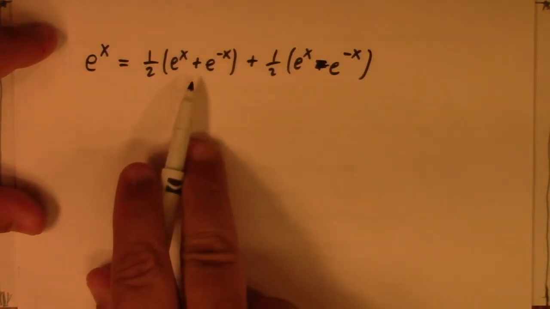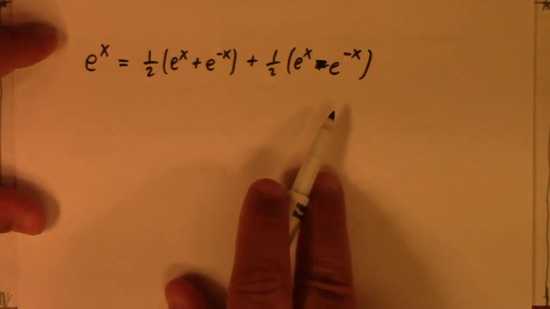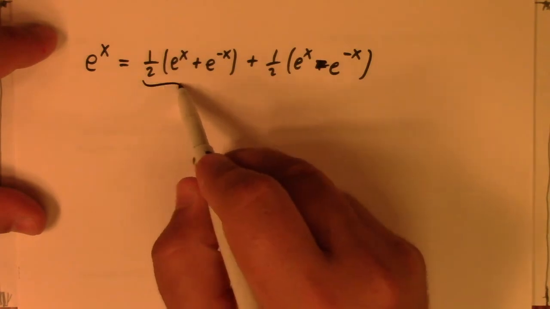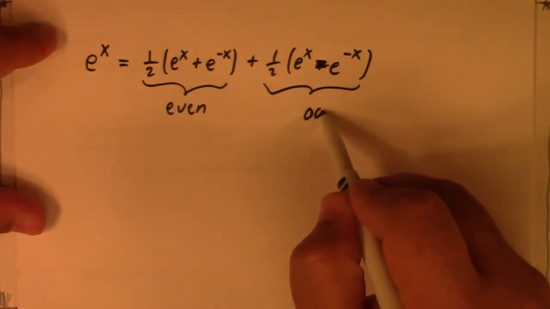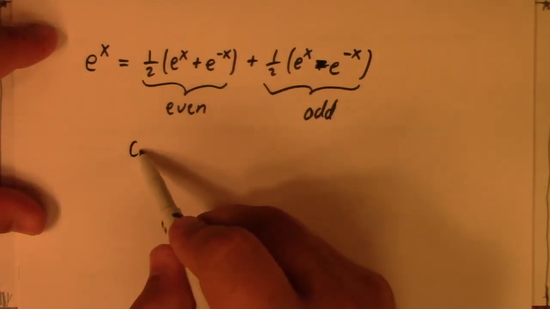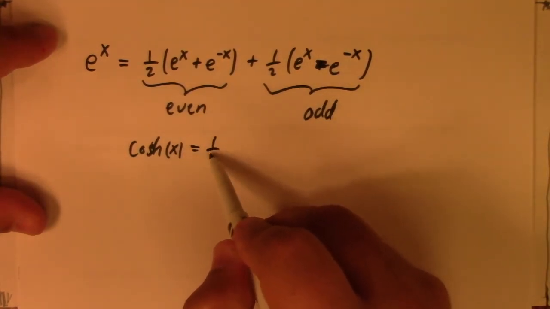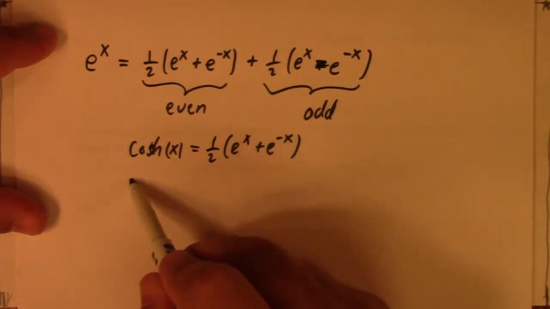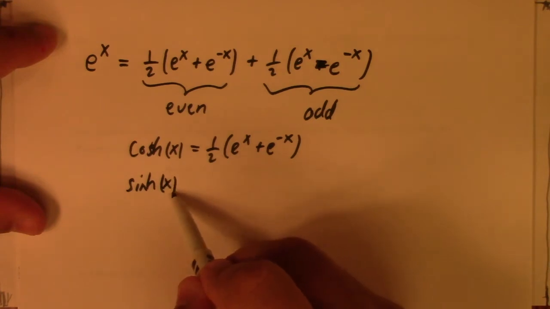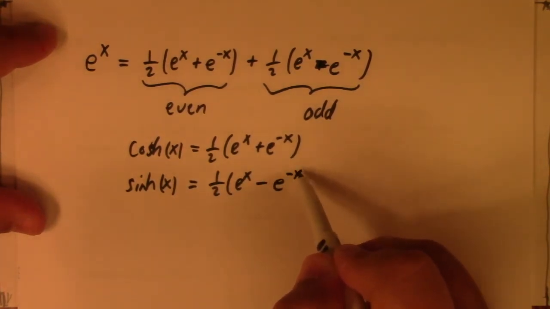Notice I'm just adding and subtracting e to the minus x over 2. Then you can prove that this is an even function. You can prove that this is an odd function. And in fact, cosh x is that even function. It's 1/2 (e to the x plus e to the minus x). And sinh x is 1/2 (e to the x minus e to the minus x).